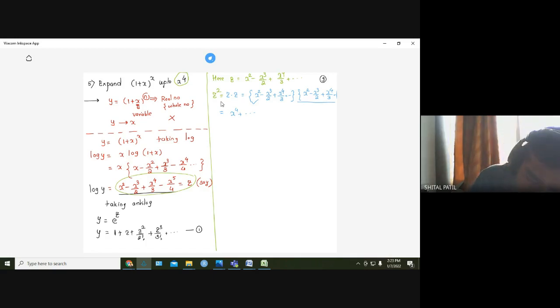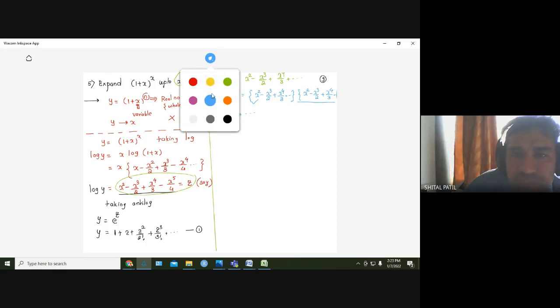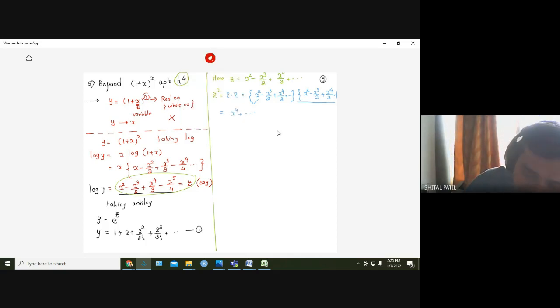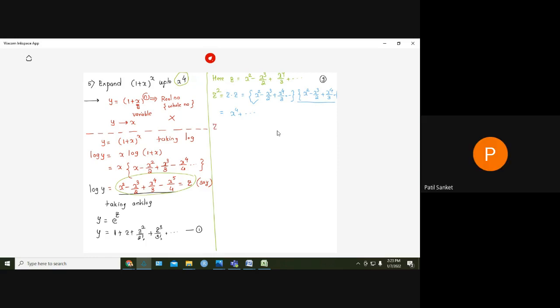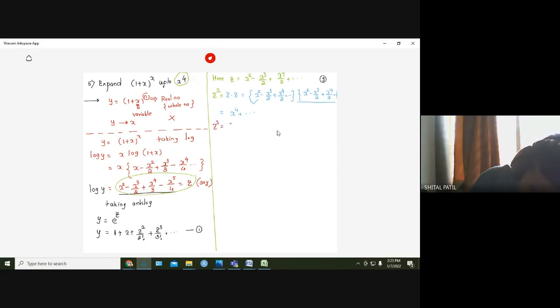Then tell me what will happen in case of z cube. Hope you remember the concept that we studied, lowest degree term concept. Remember? Yes, sir. Right. So what is the lowest degree term in z? It is x square. Its cube is x raised to 6 and higher degree terms.